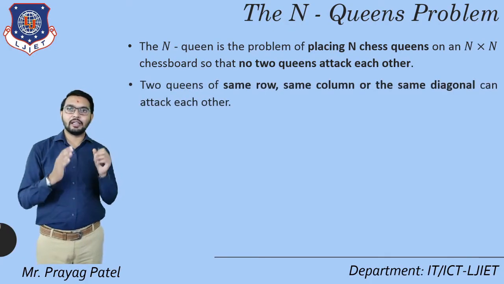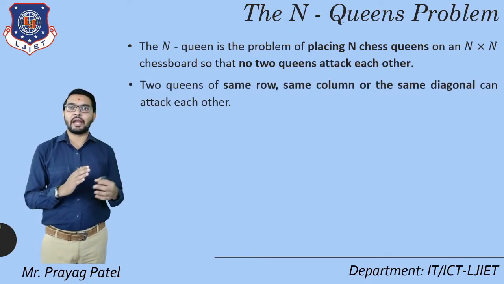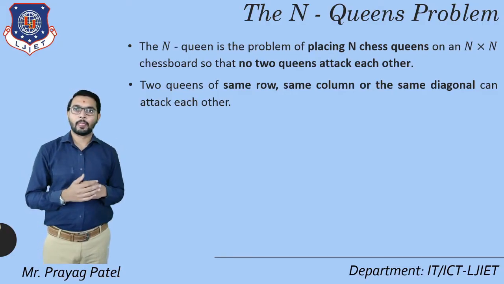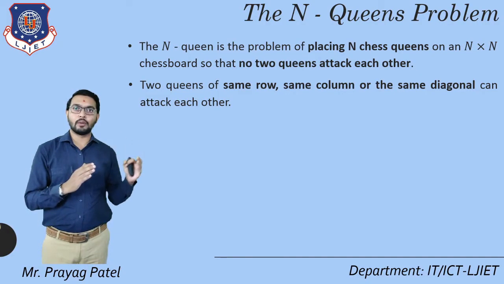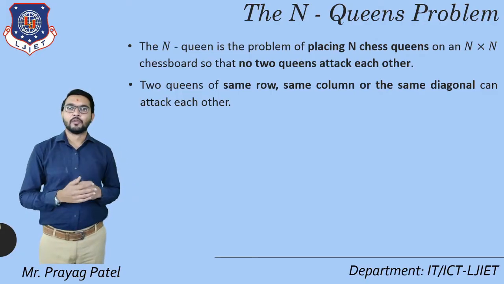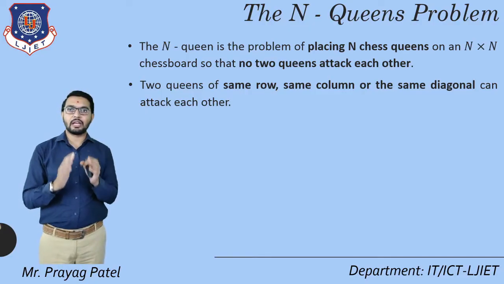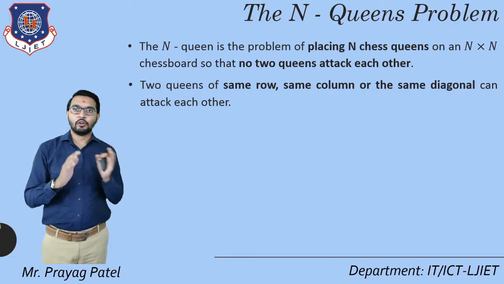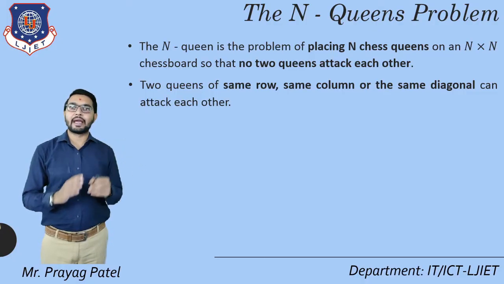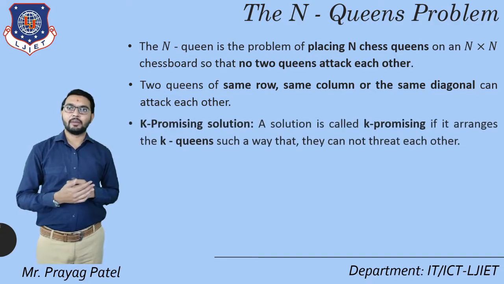Two queens in the same row, same column or the same diagonal can attack each other. So put your n queens according to this rule: not in the same row, not in the same column, and not in the diagonal of any other queen.